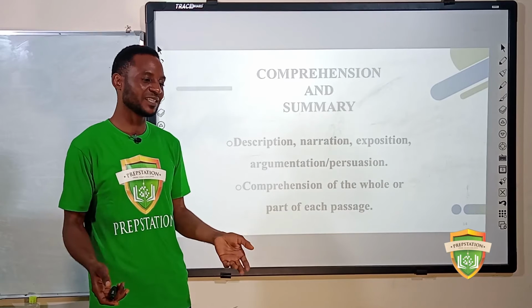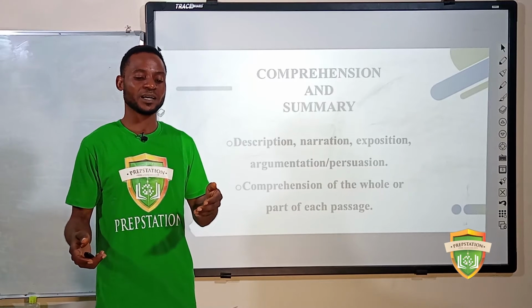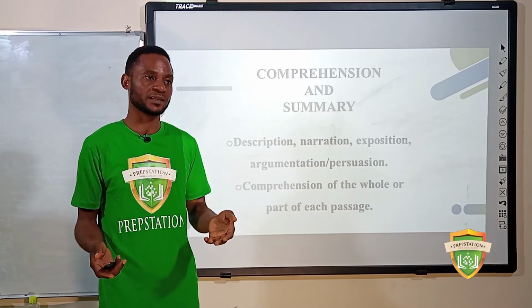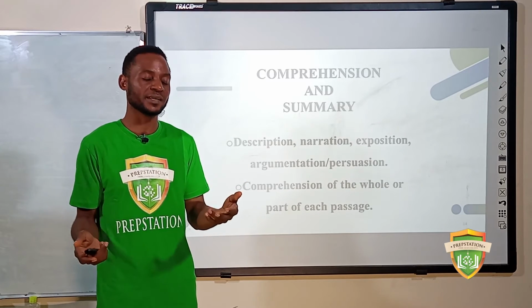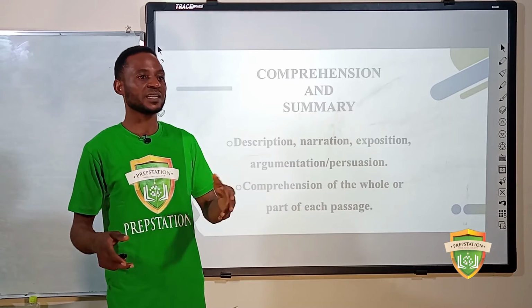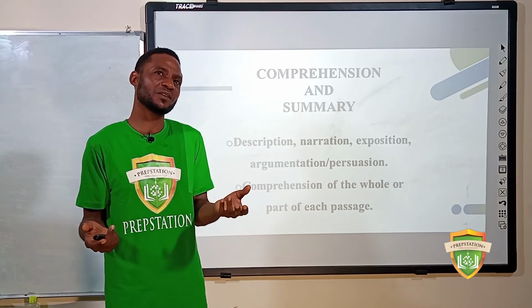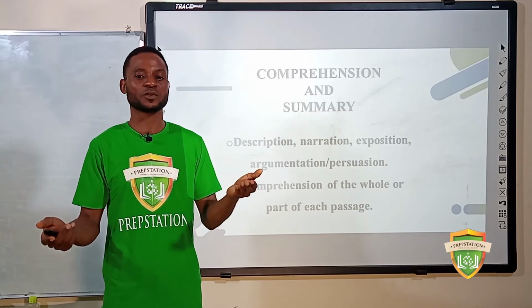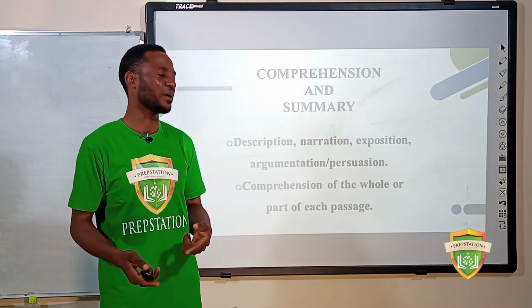And then argumentative, of course, this is a kind of writing that takes sides. Someone will come up with an idea, and then he will try to take a side in explaining it. Or sometimes it could even be weighing the two sides of an argument in order to strike a balance.